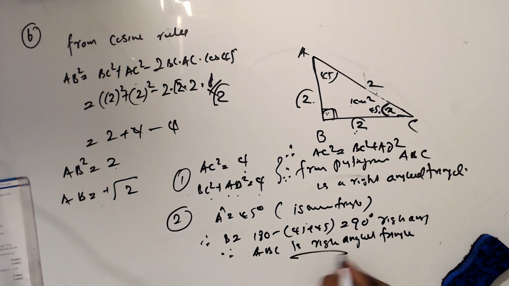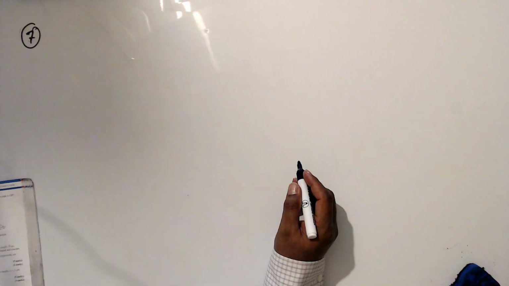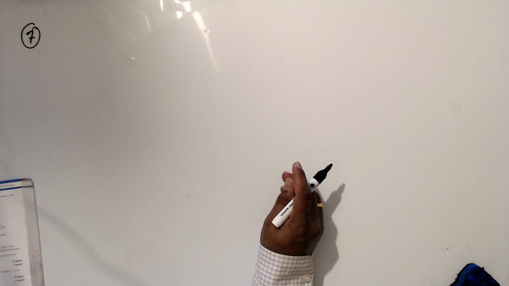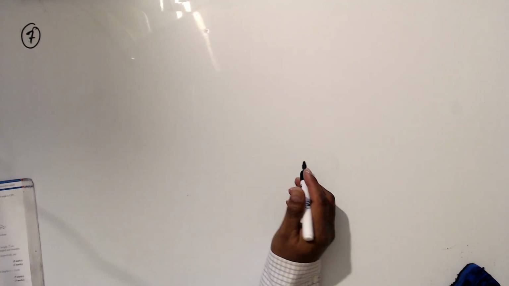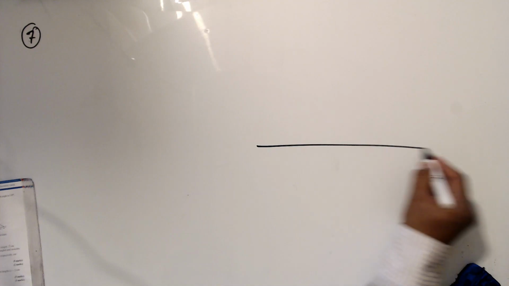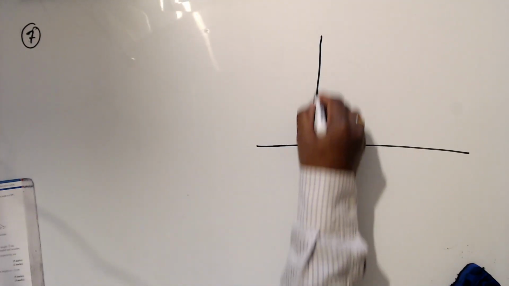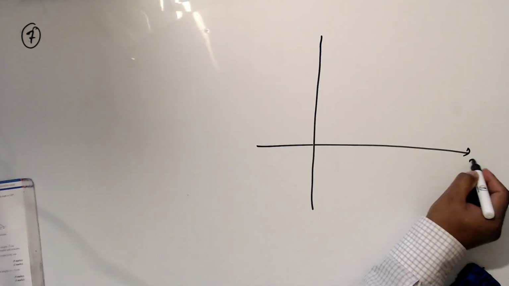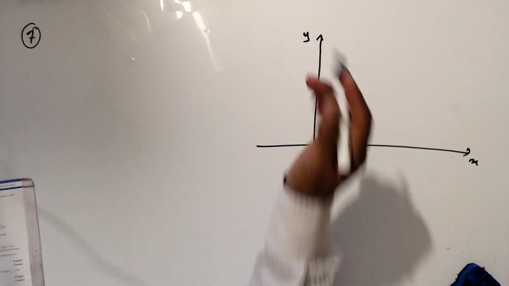Question number 7. The 3 points ABC coordinates are given respectively. When we have this kind of problem, we have to draw a diagram.